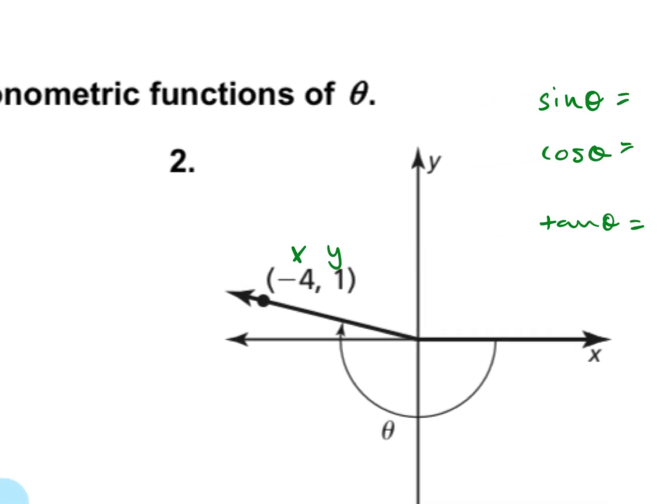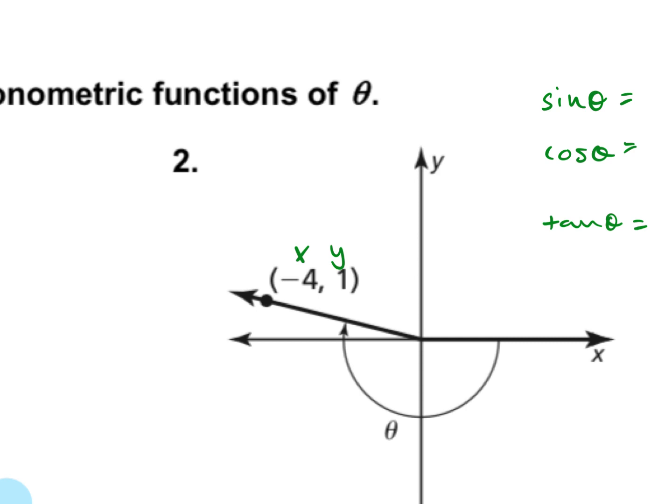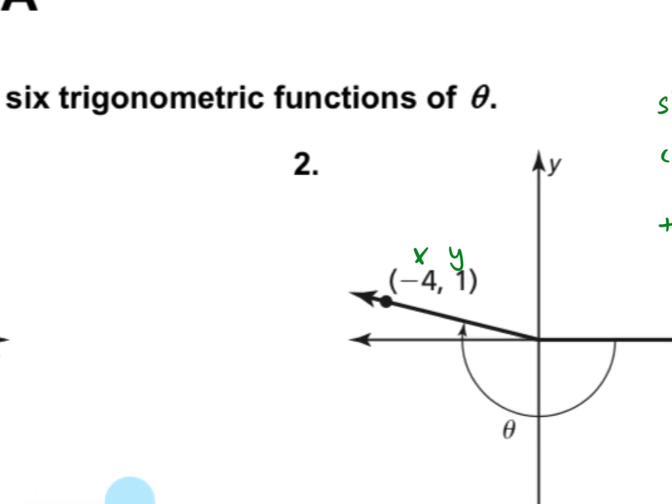So it gives us x and y. We need to figure out what r is because this is not a unit circle. So we need to find r. So we can use Pythagorean theorem to find r.